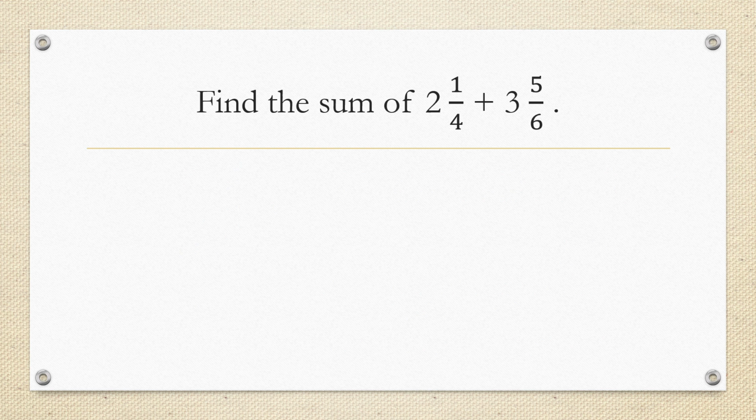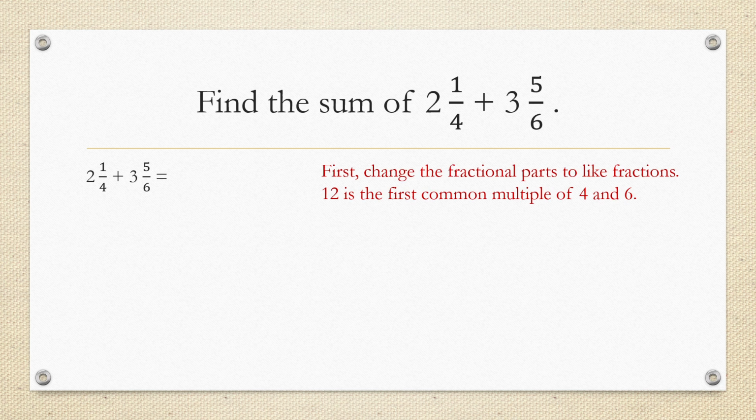Let's look at this question next. Okay, find the sum of 2 1/4 plus 3 5/6. Again, the first step is to convert them to like fractions. So 1/4 and 5/6. In this case, 4 and 6, the first common multiple is 12.